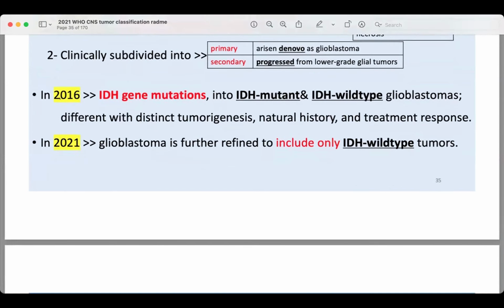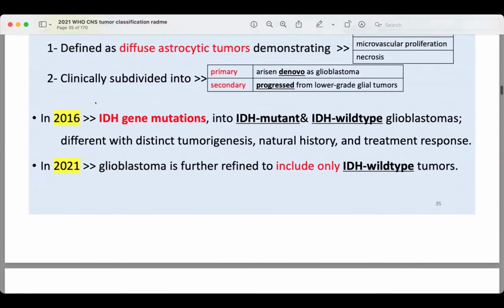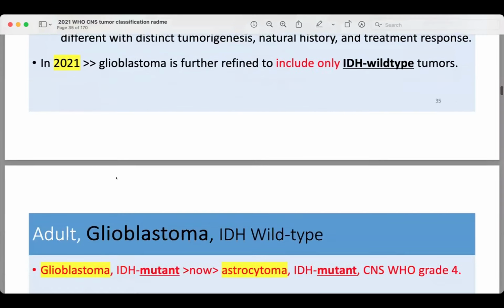In 2016, the fourth edition of the WHO grading system, as I told you, graded it by IDH gene mutations, whether mutant or wild type. But recently, in the last edition, the fifth edition, the glioblastoma only includes the IDH wild type genetic mutation.